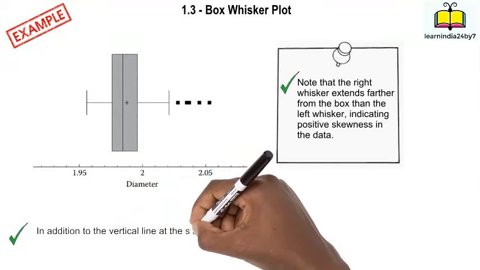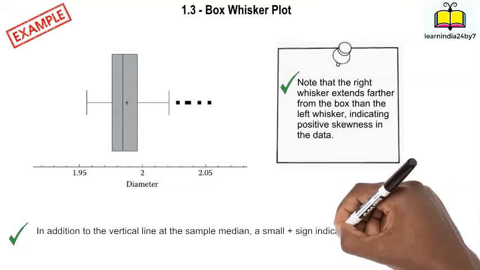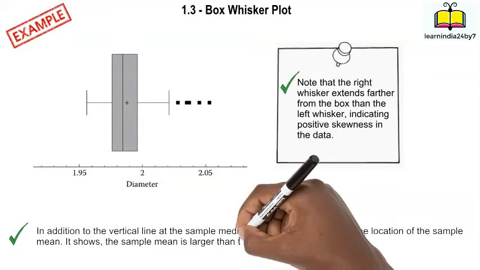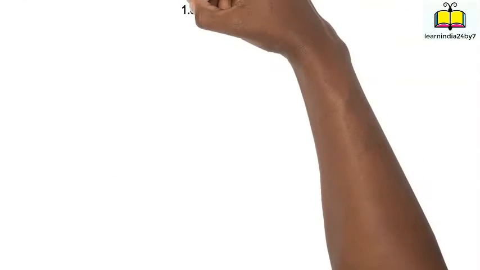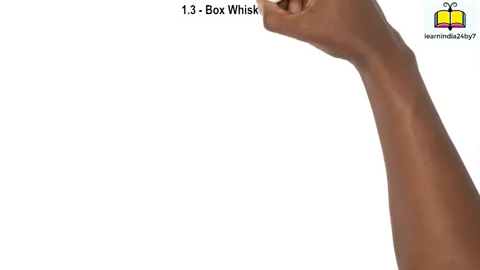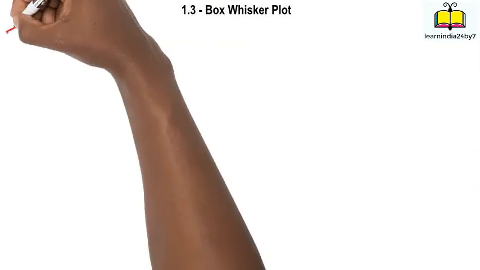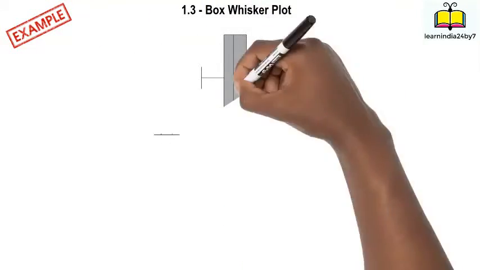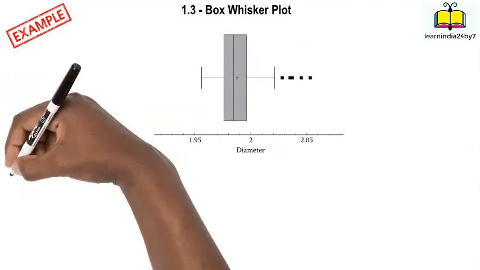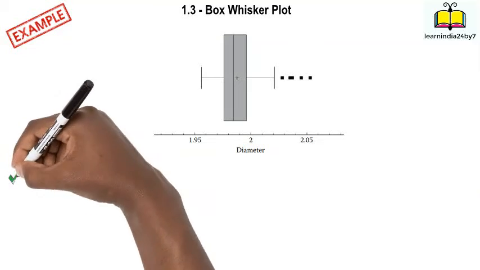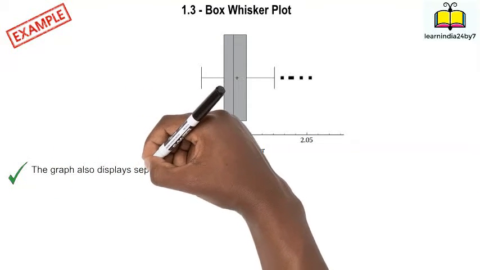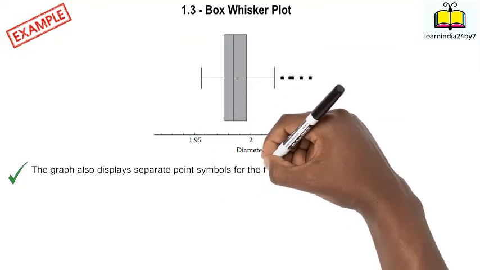In addition to the vertical line at the median, it has a small plus sign indicating the location of the mean. The box plot also shows separate point symbols for the largest values, which are nothing but outside points.